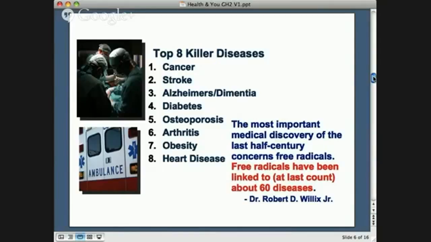But it's never too late to change. As you see down in the bottom corner here, the most important medical discovery of the last half century has been free radicals. Free radicals have been linked to 60 diseases that cause death, and most of these 8 here are caused by free radicals.